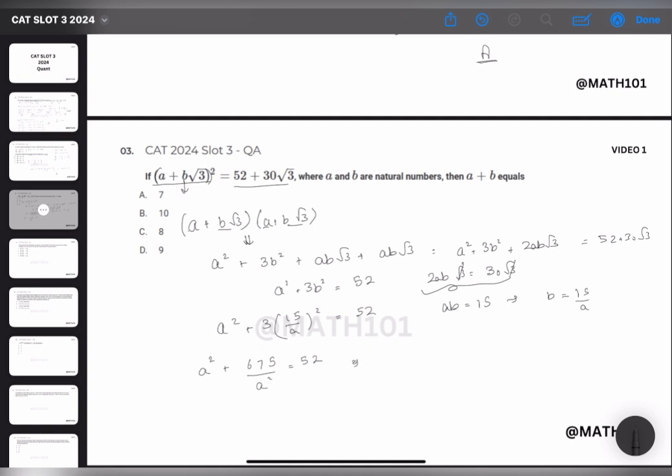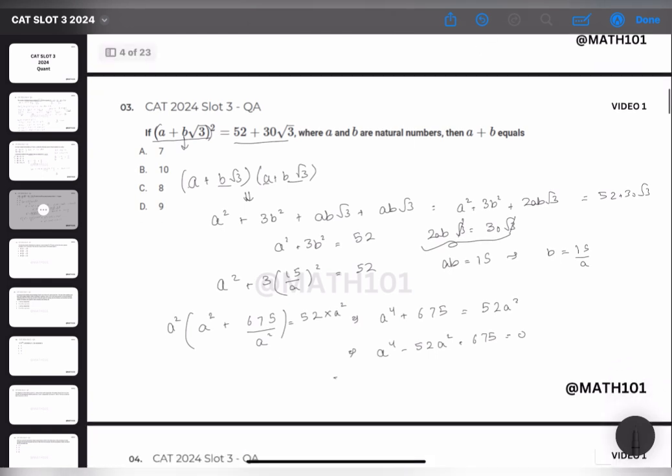It implies, multiplying both sides by a square, that a to the power of 4 minus 52 a square plus 675 equals 0. So a square equals 52 plus or minus under root of b square minus 4ac, upon 2.